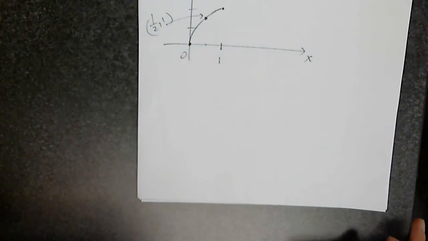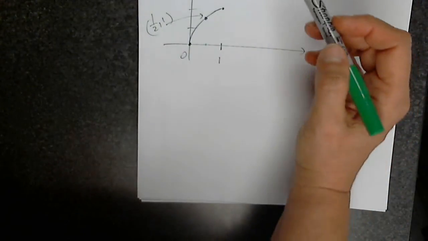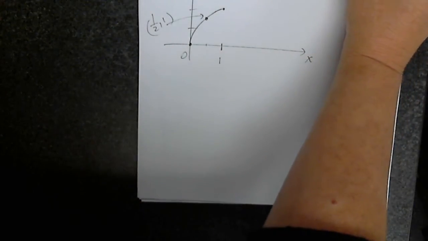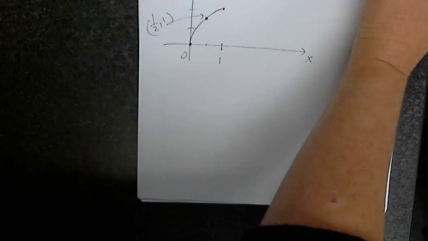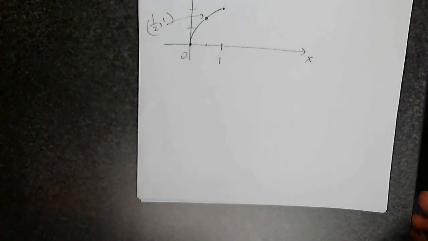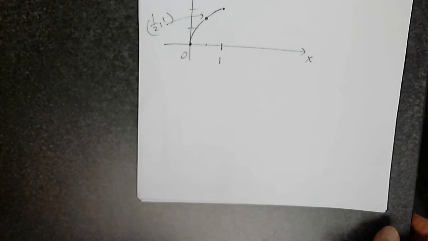Let me see if I copied the function correctly. Yeah, pi x over 2. So when x is 1/2, this is pi over 4, and this is the square root of 2 over 2, and with 2 in front, overall the point is at 1/3. Oh, I copied the point incorrectly?